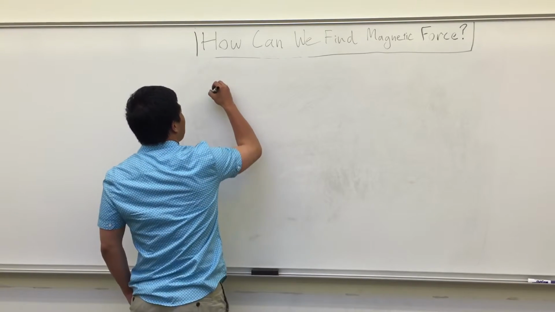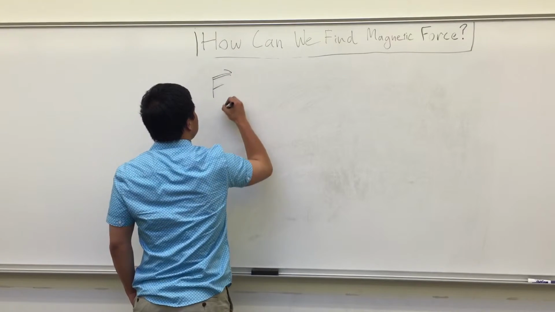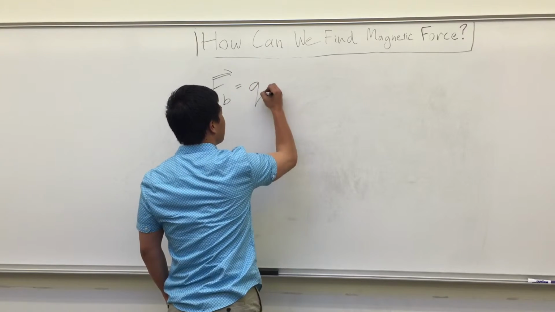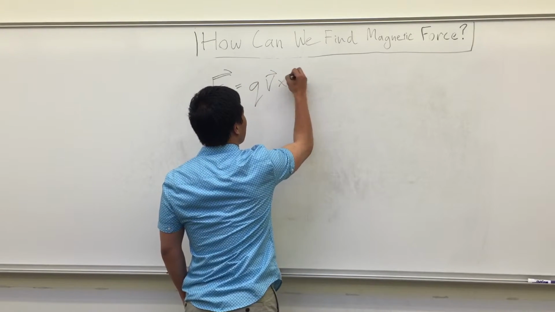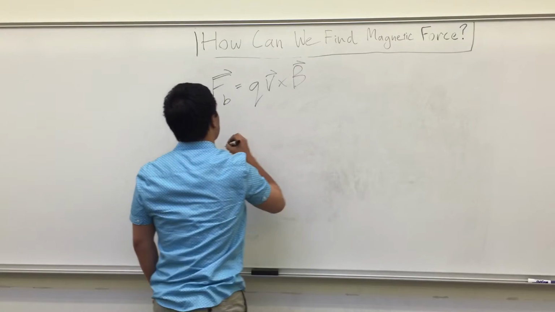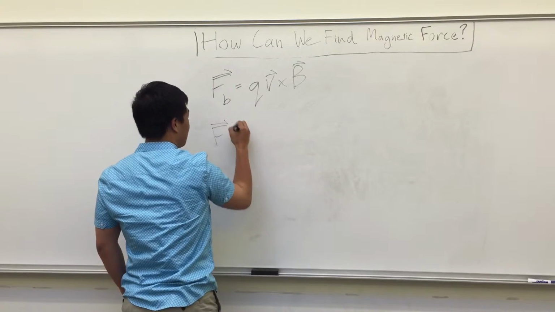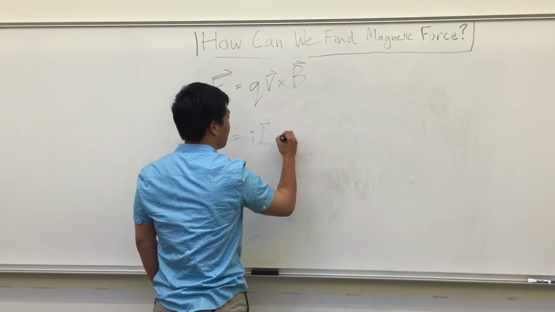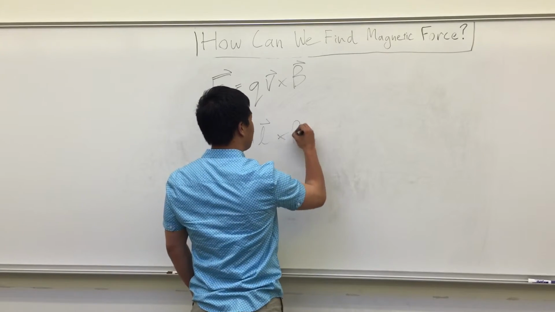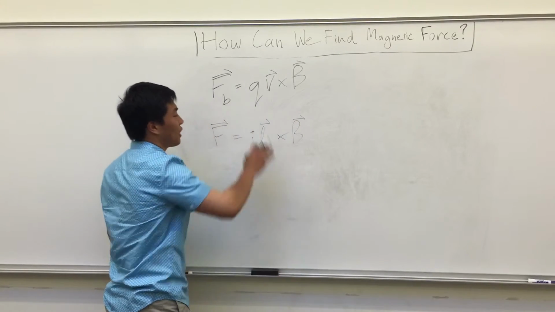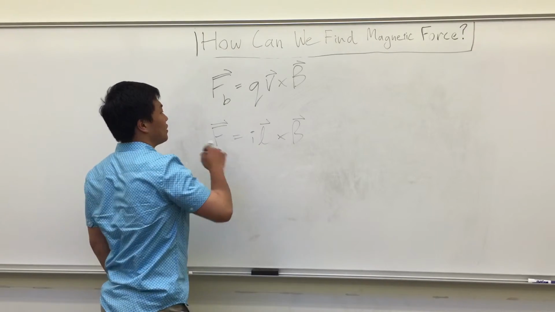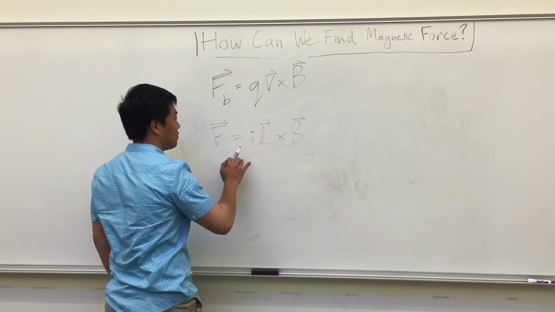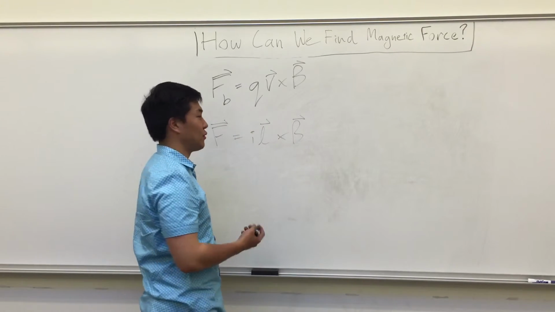And now we get that magnetic force will be equal to Q V cross B, and that magnetic force for a wire will equal I L cross B. So here you have the first dynamic duo for the charged particle, and here you have the second dynamic duo for the length of wire with current running down it.